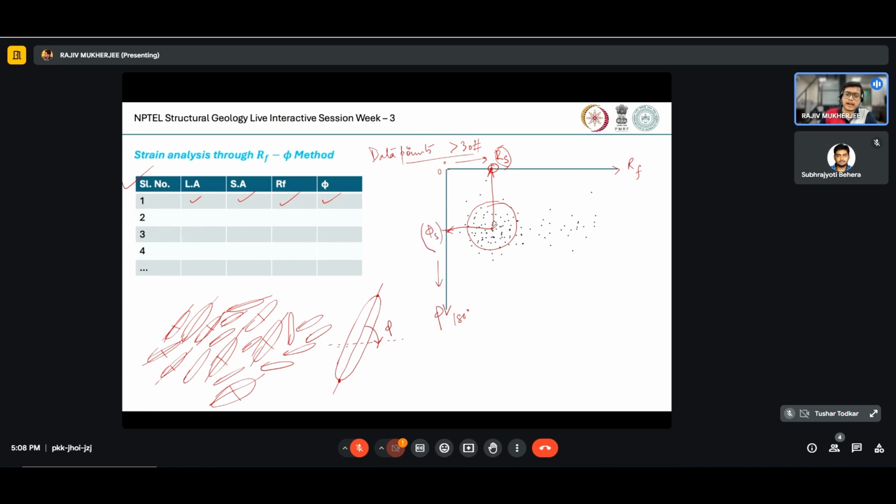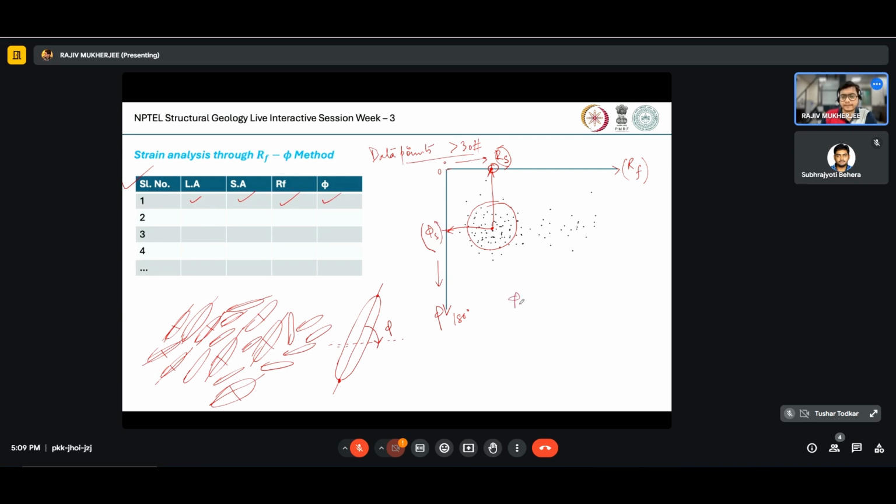So the cluster being projected to the x-axis, the axis along which we have plotted Rf, gives us a threshold value of the ellipticity, which is basically the average ellipticity of all these deformed markers, and their mean orientation or average orientation as well.